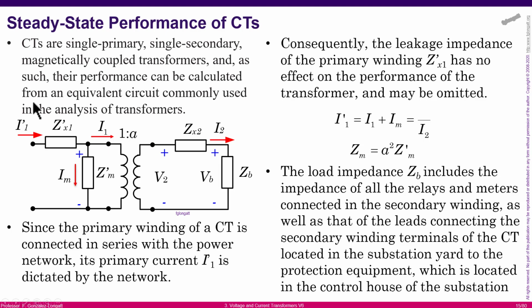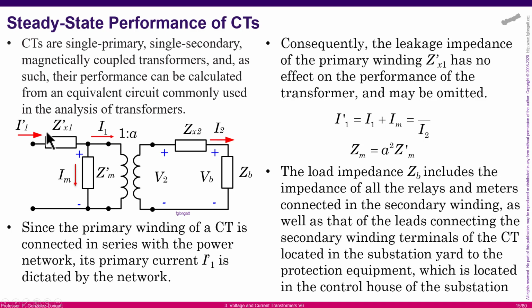Here in the center of this slide, you can see the circuit equivalent model for a current transformer. You can identify that there is a lot of similarities between this model and the model used for the two-winding transformer.